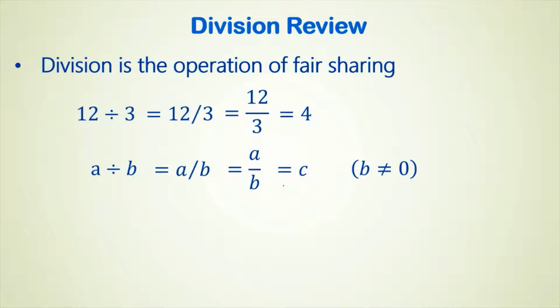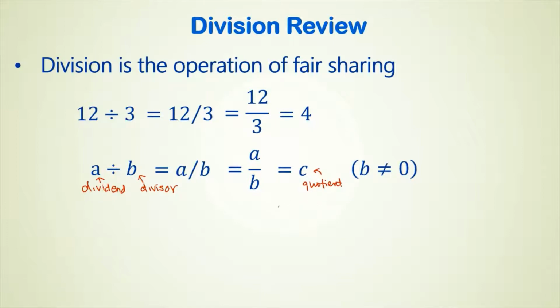Here, A is called a dividend, B is called a divisor, and C is called a quotient.